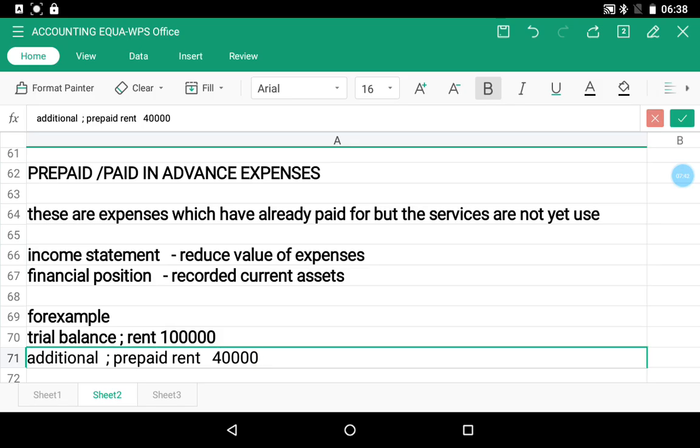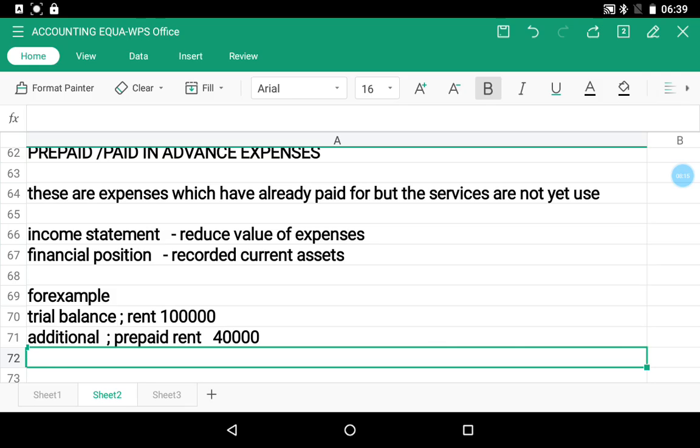That means out of the rent of 100,000 in trial balance, because trial balance shows what they have spent or paid for, they have shown us in additional information at the end of the year that prepaid rent is 40,000. That means in the rent they paid, the one in trial balance, there's that prepaid rent, the one they paid, but not yet used.